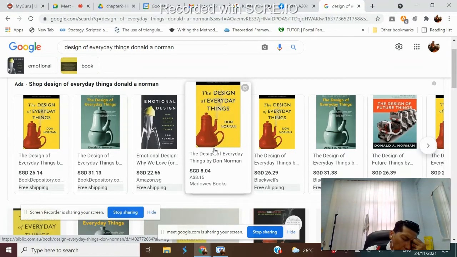Don Norman was also once the second man for Apple, an advisor for Steve Jobs.